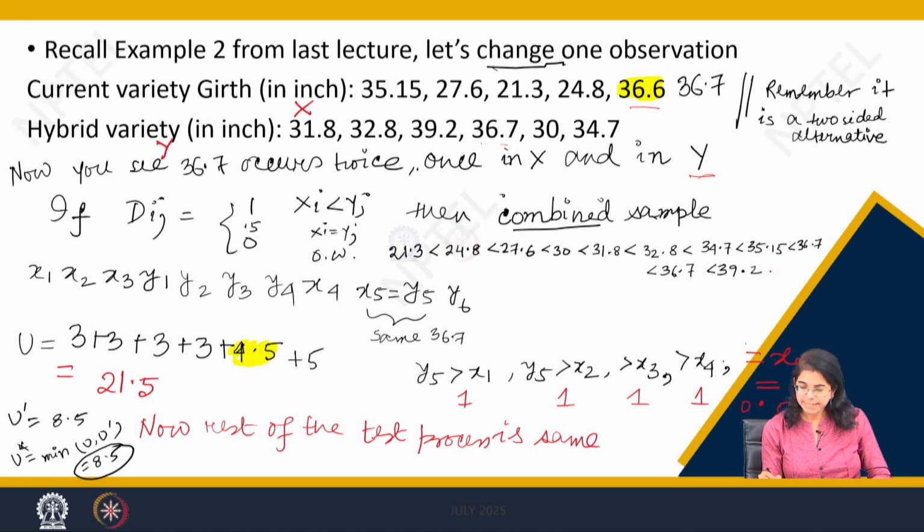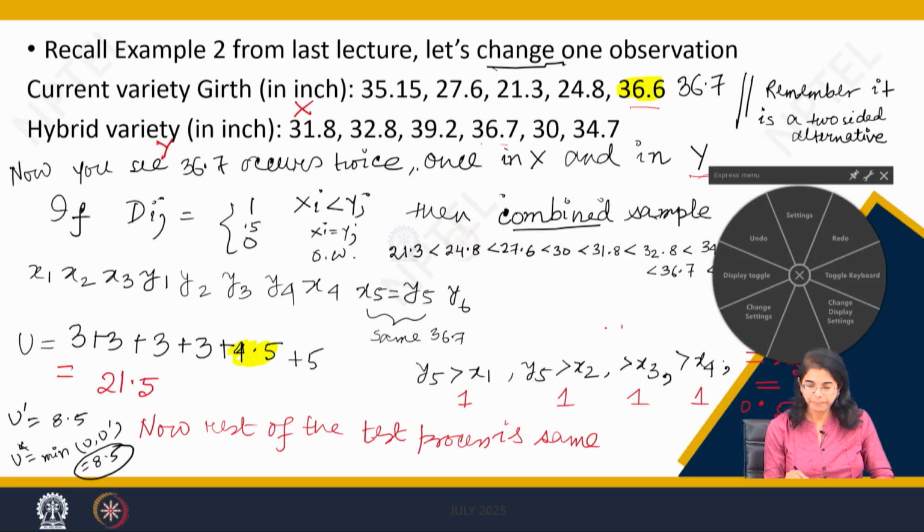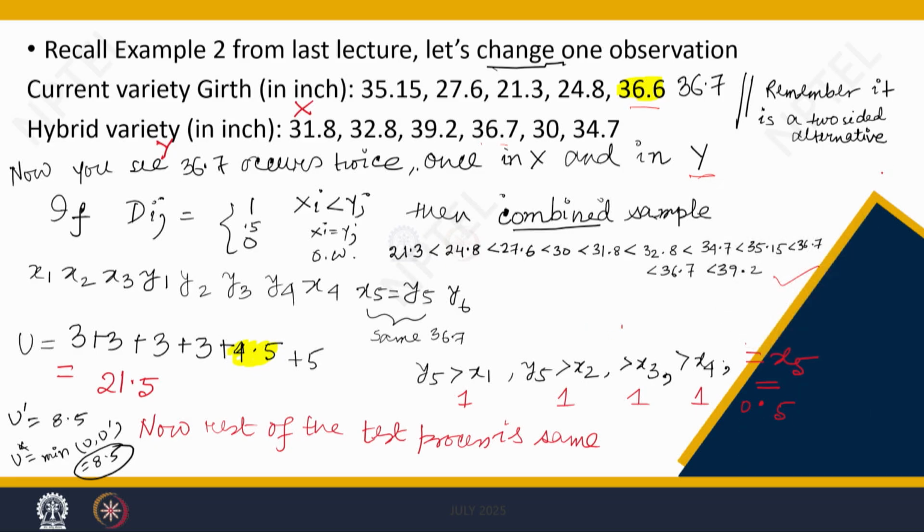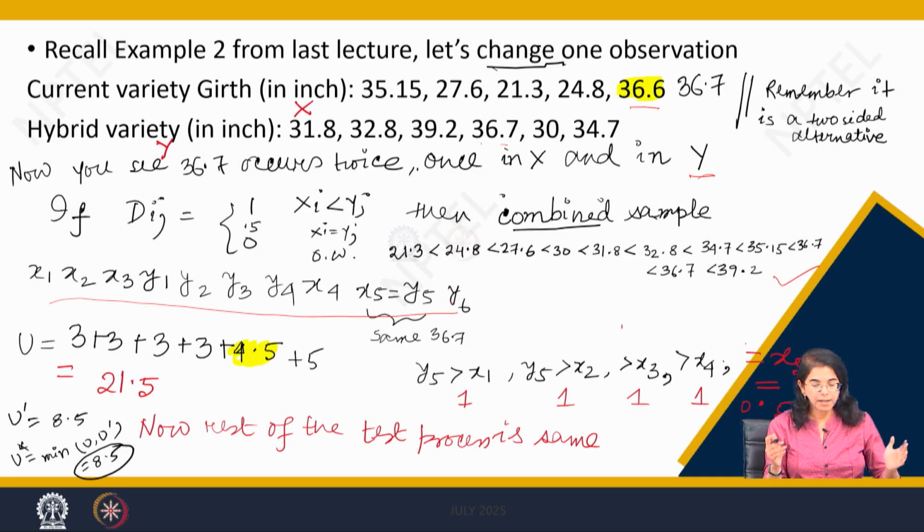As per the observation coming from the X population or Y population, we have named them X1, X2. So that means X1 is less than X2, X2 is less than X3, less than Y1, like this. Basically, this is my arrangement of the combined sample.